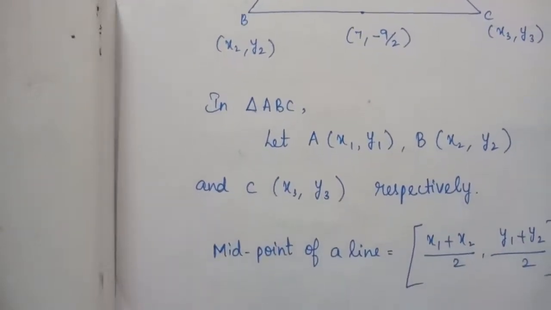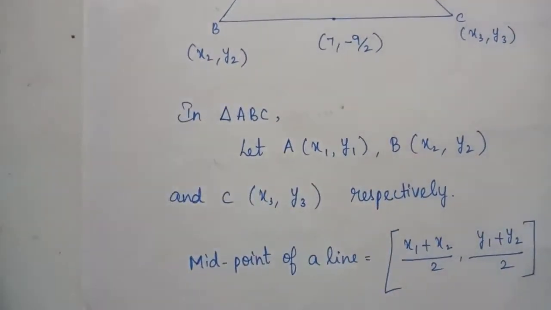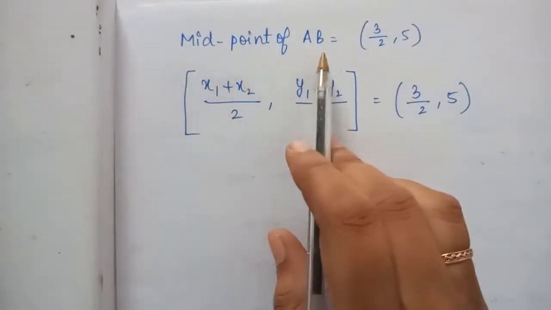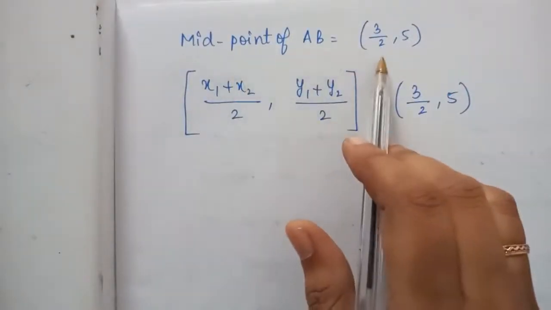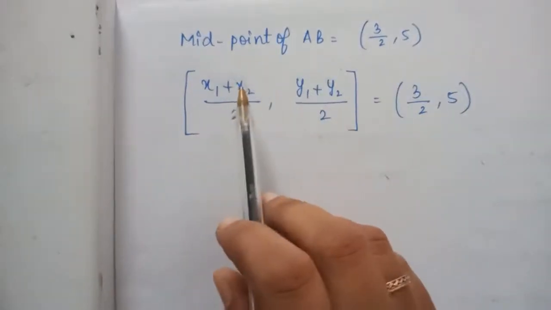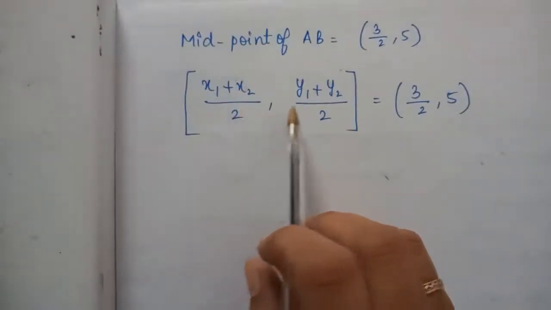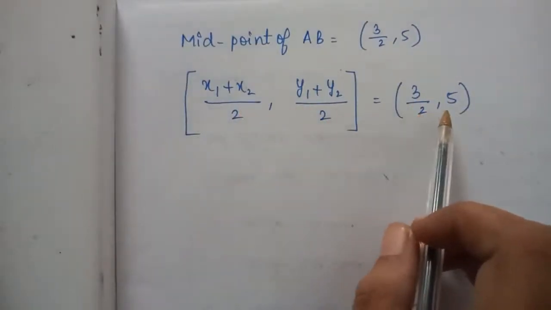We know the midpoint formula: (x1 plus x2) by 2, (y1 plus y2) by 2. First we take the midpoint of AB, which is given as (3 by 2, 5).